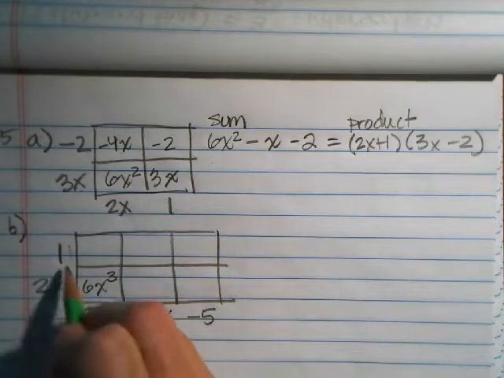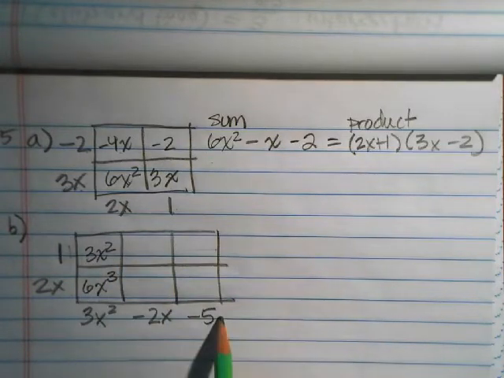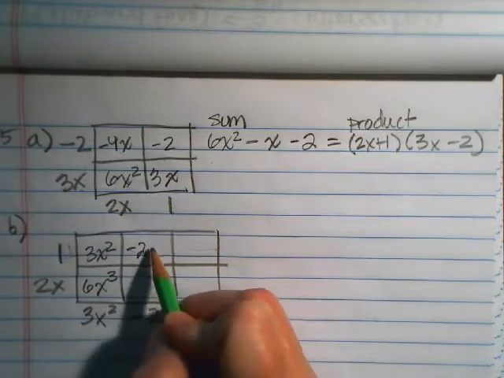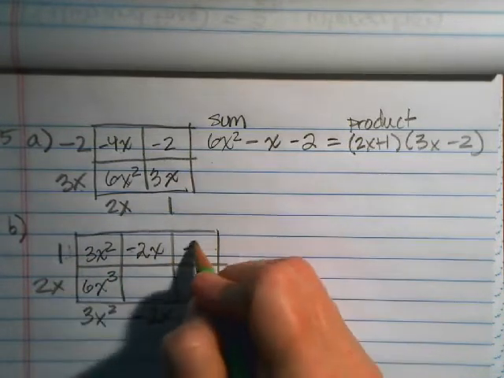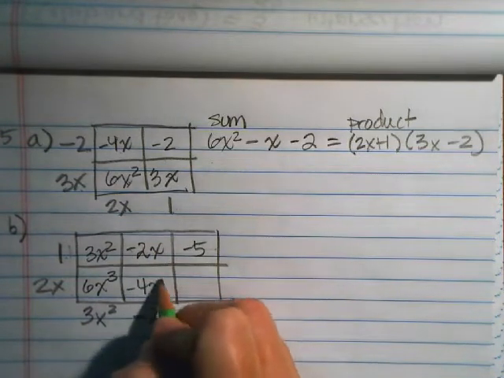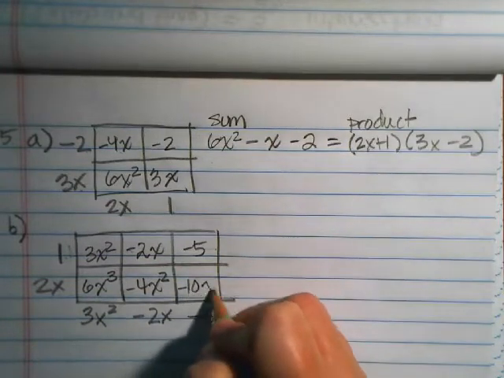Okay, 3x squared times 1, 3x squared. Well, this is all just going to be the same as this, right? Because you're multiplying by 1. Negative 2x times 1 is negative 2x. Negative 5 times 1 is negative 5. 2x times negative 2x is negative 4x squared. 2x times negative 5, negative 10x.